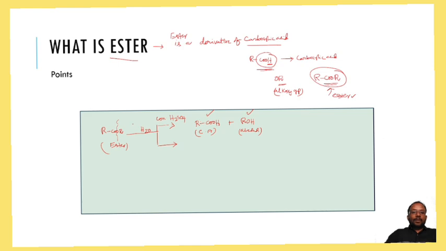The same reaction takes place when carboxylic acid reacts with alcohol to form ester. So the reversible process is called the Fischer esterification process, the reverse reaction. But here we are discussing the hydrolysis reaction. Another condition is in presence of a concentrated base like NaOH, which forms the sodium salt of carboxylic acid and alcohol.